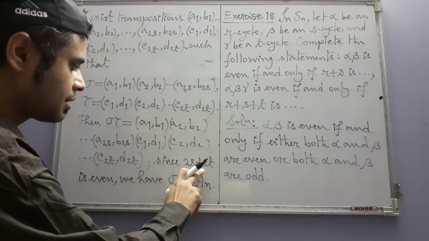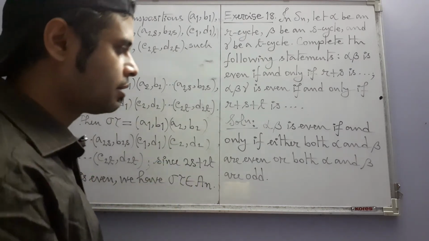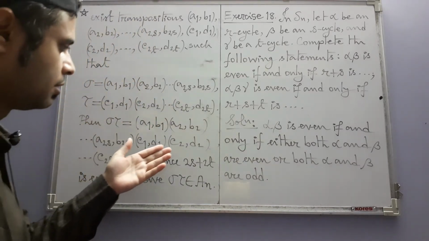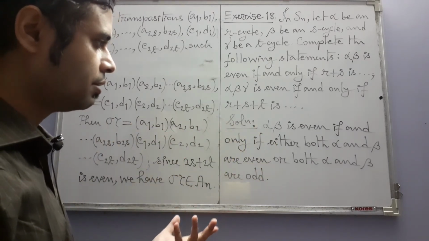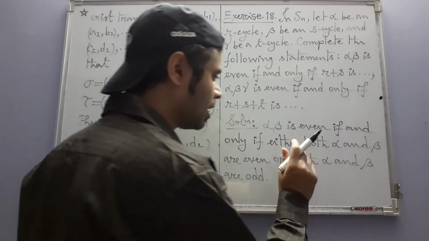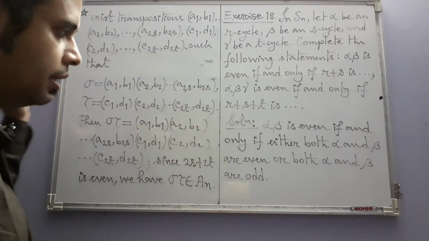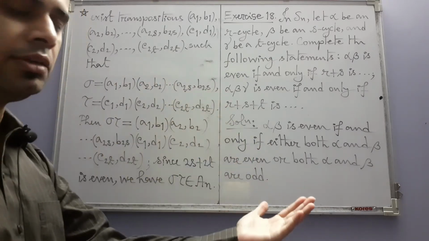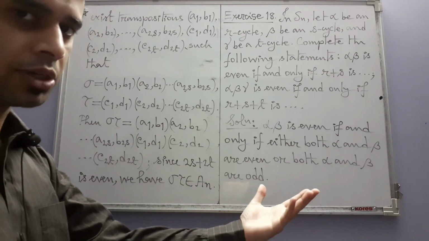But when you take their sum, odd plus odd becomes even. So when either both alpha and beta are even, like sigma and tau both even, then of course sigma tau or alpha beta is even, but they are also even when both of them are odd. And if one of them is even and the other is odd, then the one which is even will have an even number of transpositions in its representation as a product of transpositions, whereas the similar representation for the other will have an odd number of transpositions.